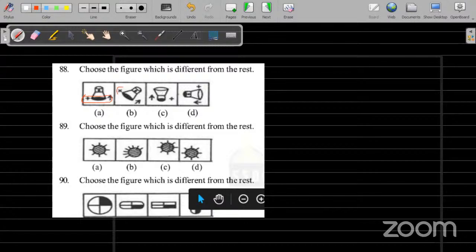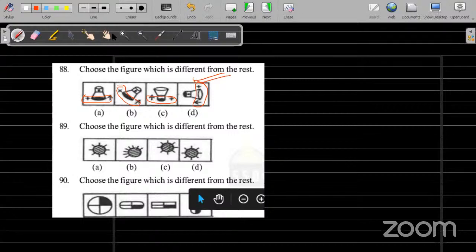Here also the plus and arrow is given near the dark shaded region. Here also. Whereas in this case, the plus and arrow is not in the shaded region. So that is the answer to that question.